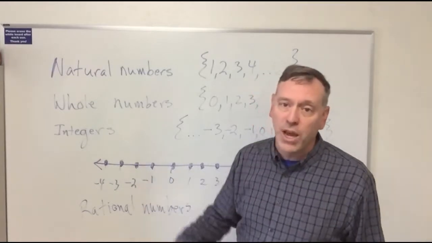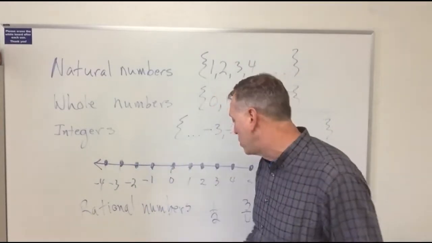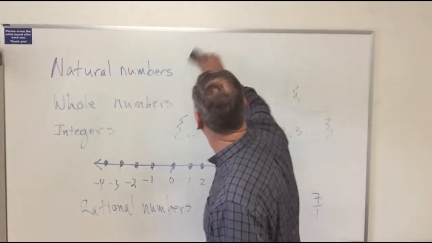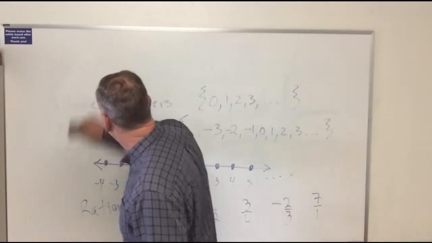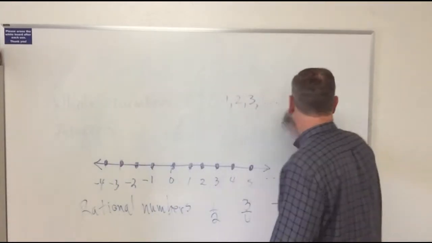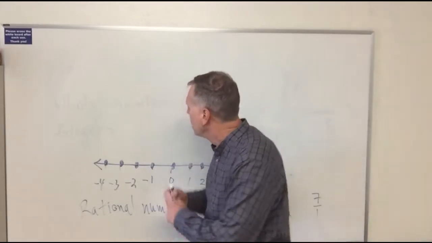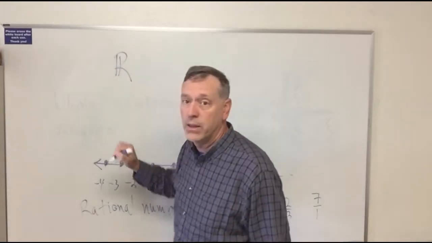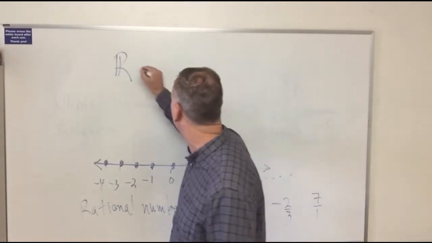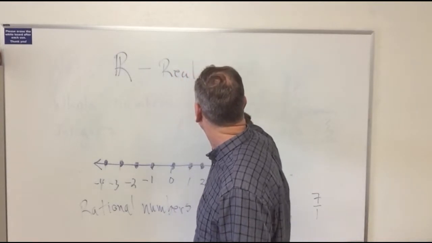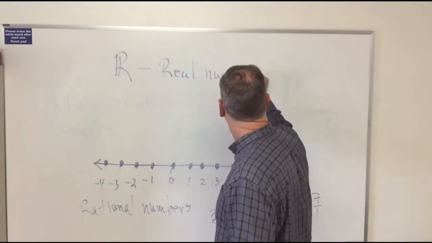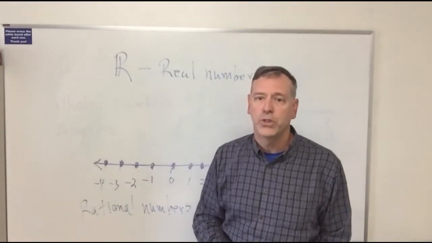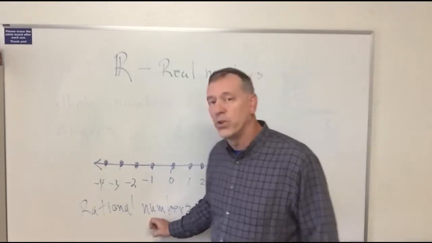Now, there is another set of numbers, and numbers that are not rational are part of another group known as real numbers. Real numbers are sometimes written like that, a double line with an R. Real numbers include all the natural, whole, and integers, and also include rational numbers.